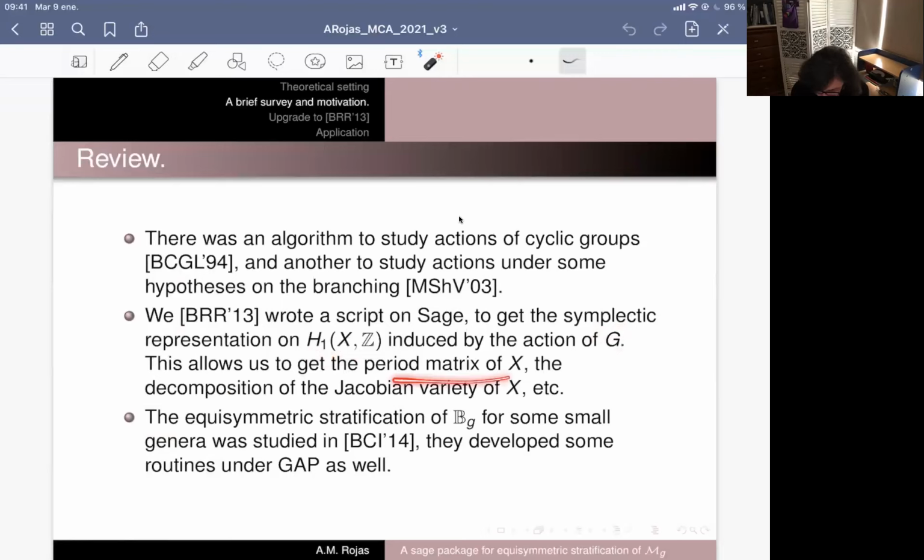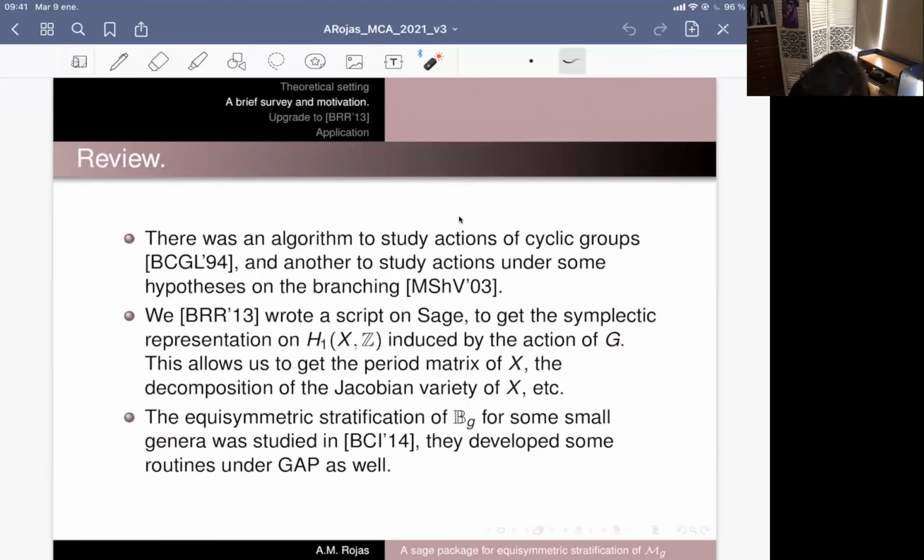For instance, the period matrix of X, the decomposition of the Jacobian variety, the analytic representation, and so on. So that was our starting point. As we already had this program, we used it to make some upgrades in the direction that I'm going to tell you in what follows.